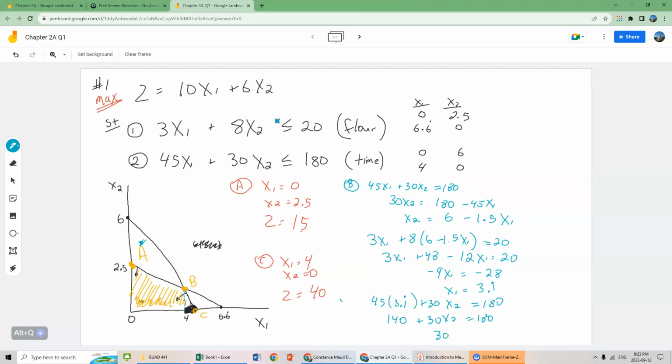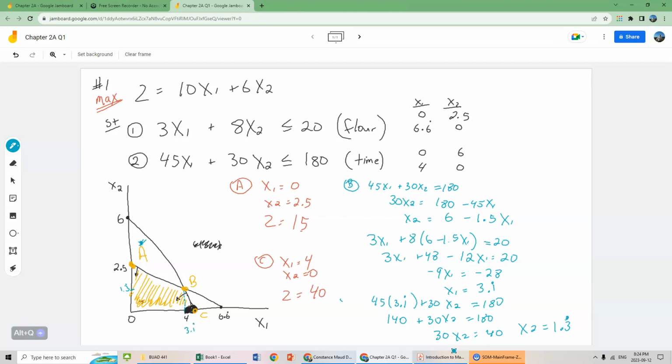So 30x2 equals 40. We divide by 30 on each side, and we're left with x2 equals 1 1/3, 1.3 repeating. So now we know that this value here, point B, is when x2 is 1.3 repeating and x1 is 3.1 repeating.